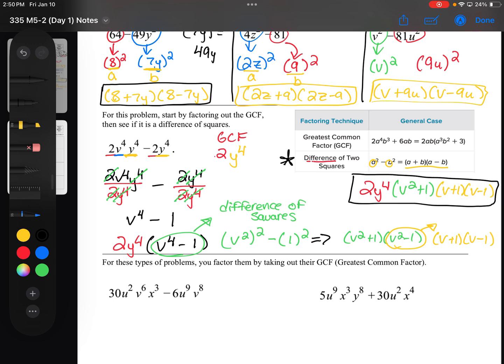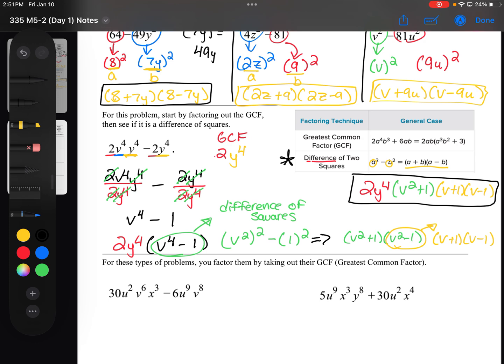So a lot of steps there. You just have to make sure everything is completely factored. Take out the greatest common factor first, and then see, does it have difference of squares in it? Just make sure everything is fully factored. You might have done one step, but then it's not completely factored, so you won't get full credit. So make sure you really check your problem.